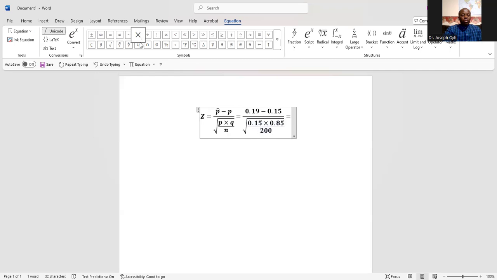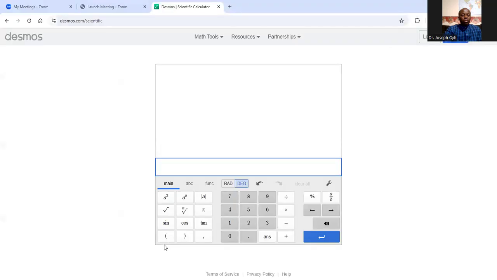So let's get this from the calculator. We have 0.19 minus 0.15, divided by the square root of 0.15 times 0.85 over 200.